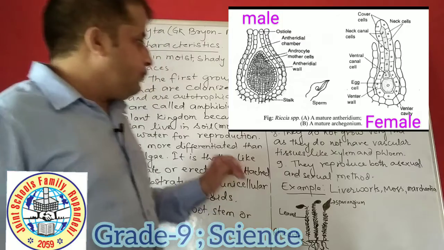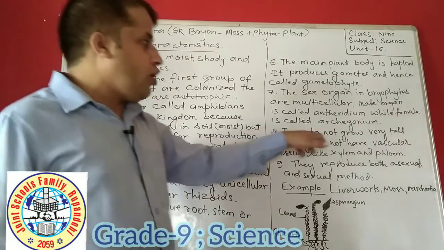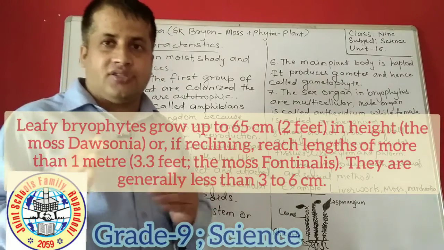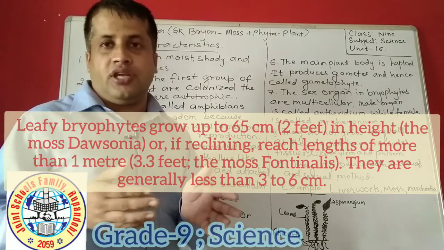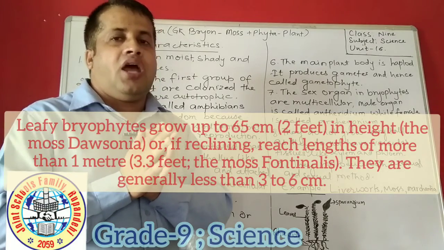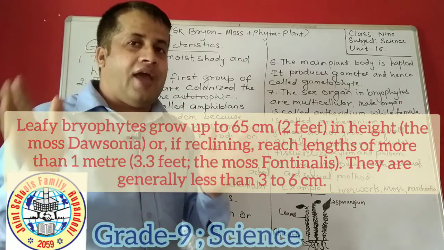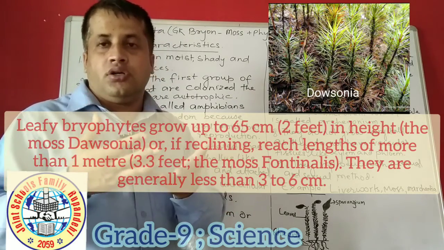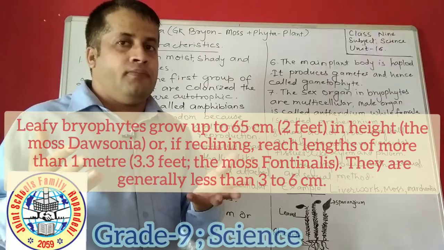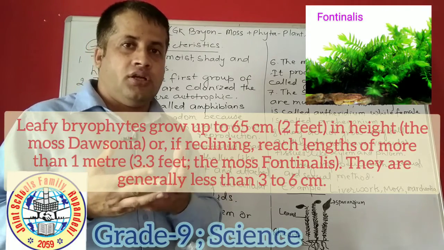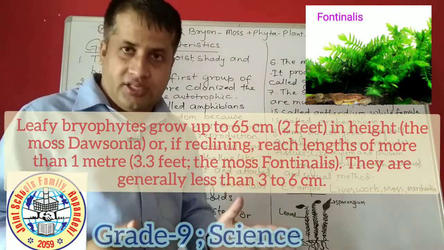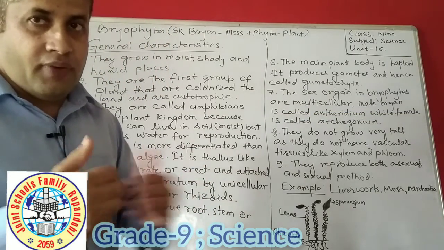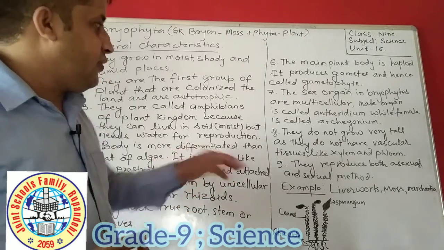The next point is that they do not grow very tall. As I have already told, they grow to an average size of 2 centimeter to 6 centimeter, because they do not have well developed vascular tissues like xylem and phloem, which are responsible for conducting nutrients. They have to grow nearby water sources or moist places.